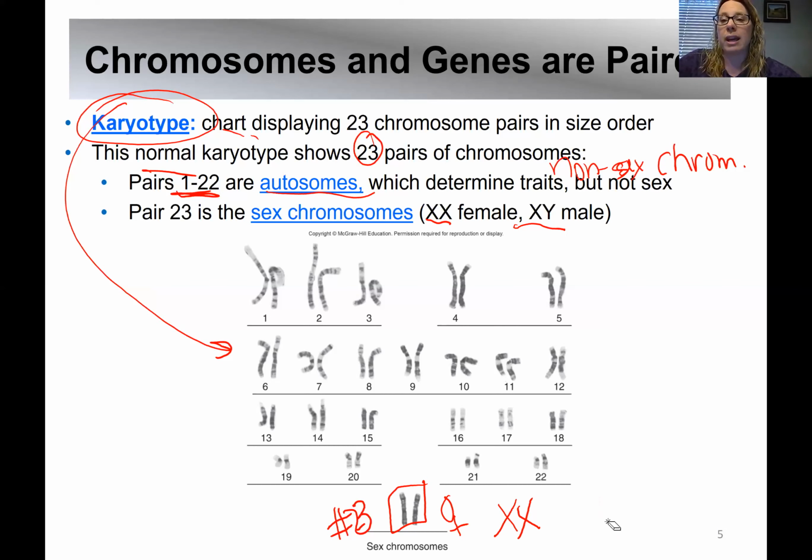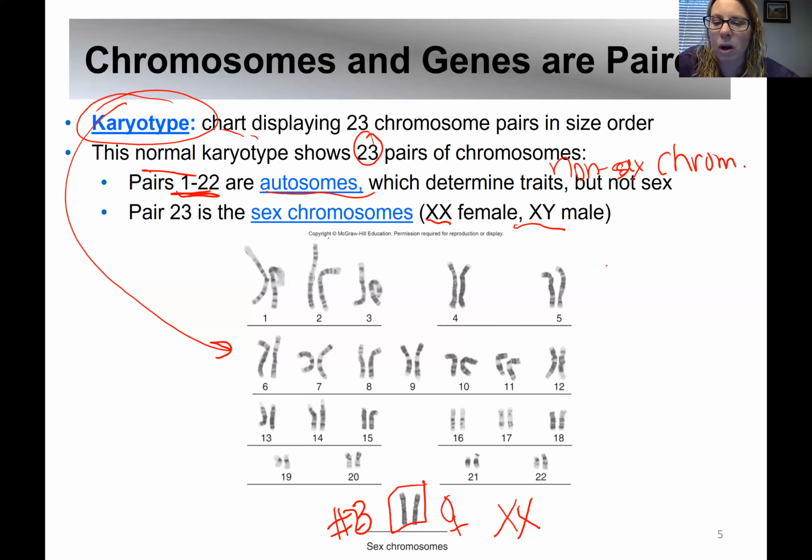Now, if we were looking at an egg cell, or an oocyte, or a sperm cell, that cell would have only one of each of these. When the egg and the sperm join together, then we have what we call a diploid, or a 2-copied zygote. So we'll pretend this is a zygote right here.